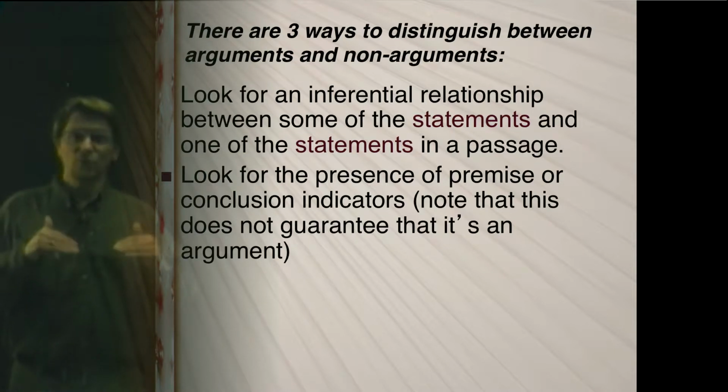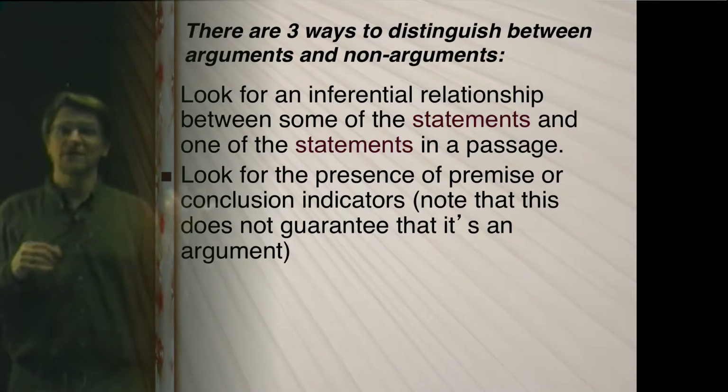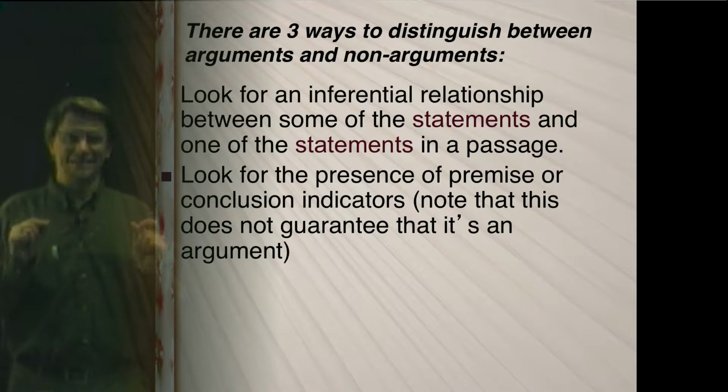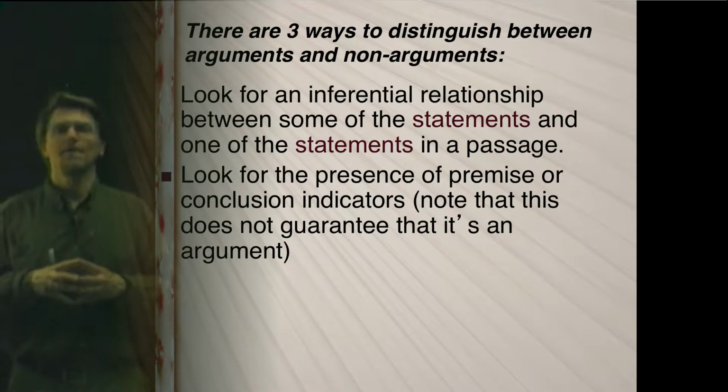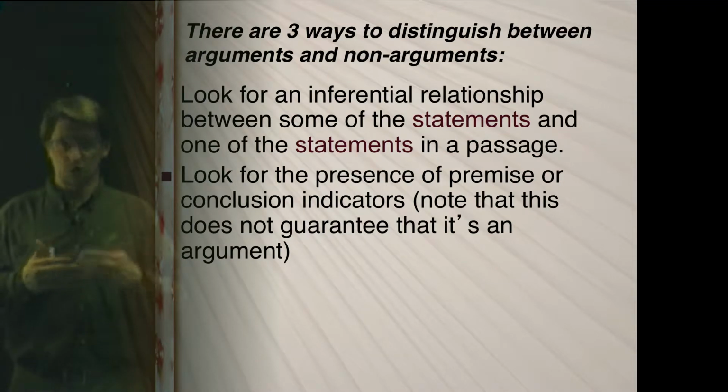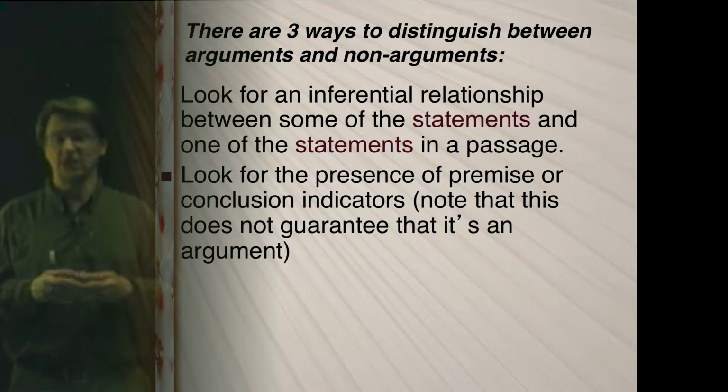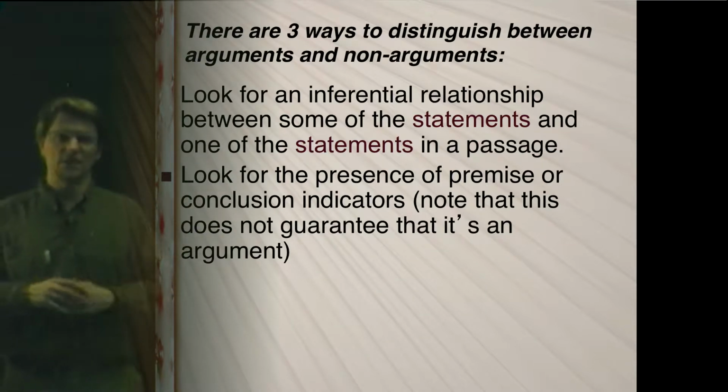I would say that raises the likelihood that what you're looking at is an argument, but it does not guarantee that it is. And that is because, as we'll see at the end of 1.2, explanations, which are not arguments, often use those same kinds of indicator words, but again, they're not arguments. So we'll look for those at the end of 1.2 here.